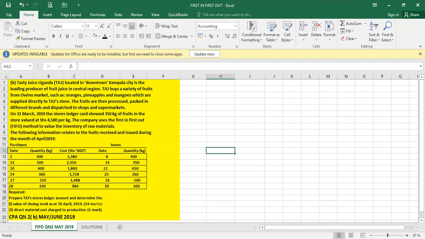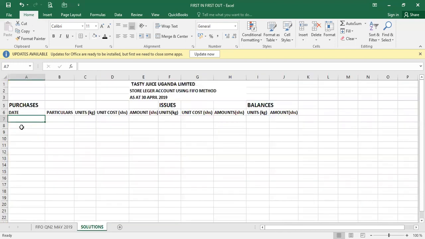They told us we had a balance, so a balance comes as a balance, not a purchase. We can start with our date. We use the format of financial statements. We say 2019, since the period is not changing, we can maintain and we say April. It's only the dates which are going to be changing.